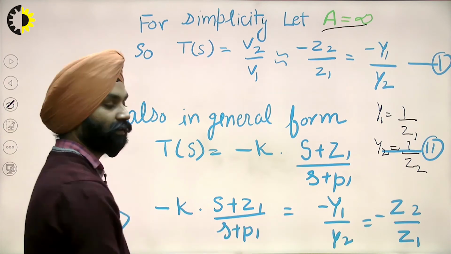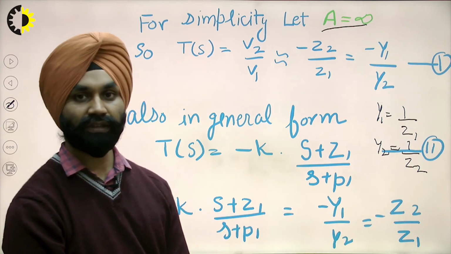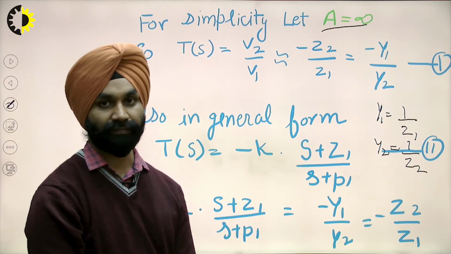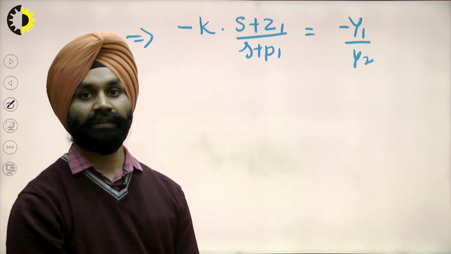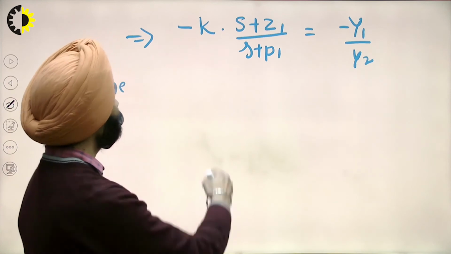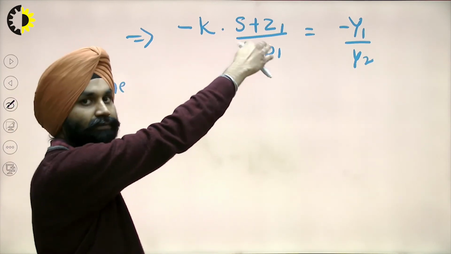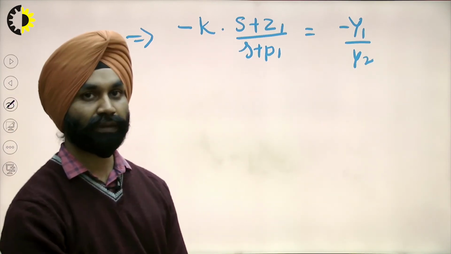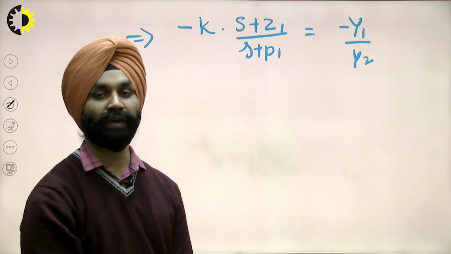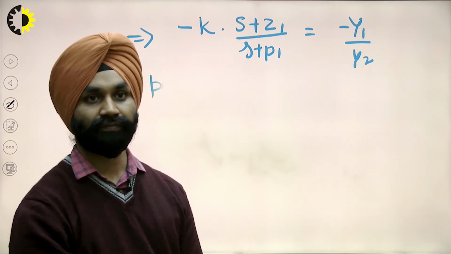then we can say that Y1 upon Y2 is equal to minus Z2 by Z1, or we can say from this equation that minus K into (s plus zeros) upon (s plus poles) is equal to minus Y1 by Y2.